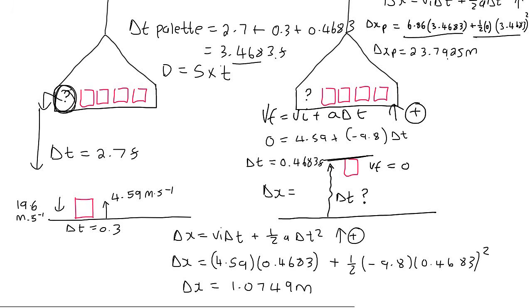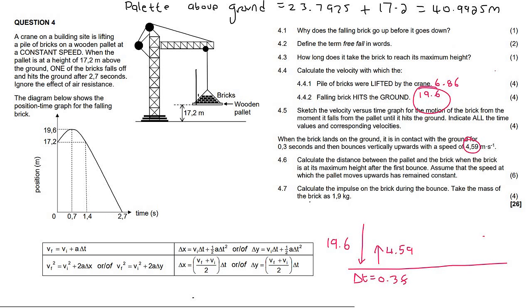That is how high above the ground the brick has gone. So we can now say that the brick above ground is 1.0479 meters.